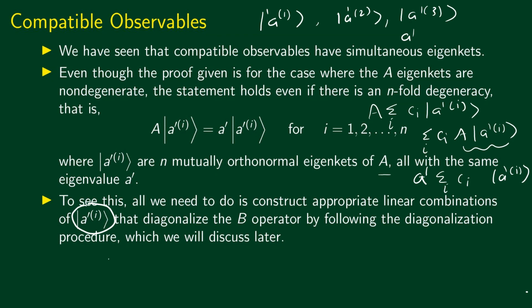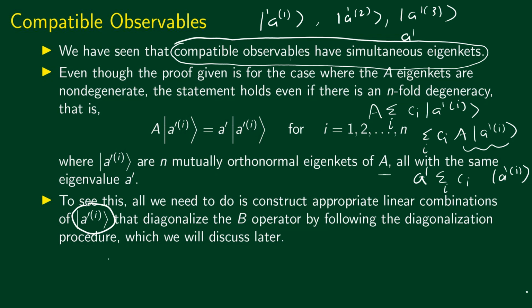So what you need to remember from this slide is that compatible observables have simultaneous eigenkets, and this statement is true even when there exists an n-fold degeneracy. This is a general statement, even though in our proof we used the case of non-degenerate eigenvalues.